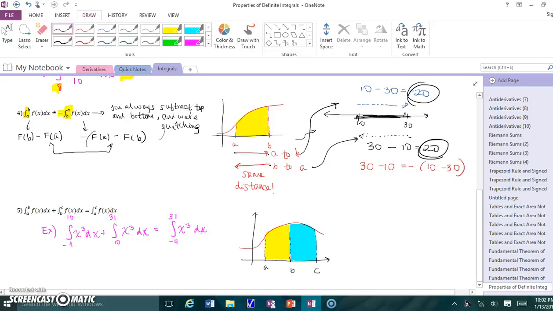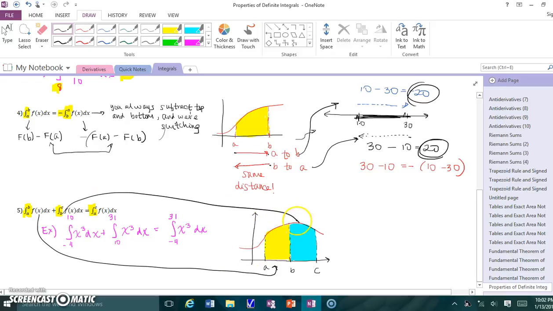And the last one right here, this visual will help it make more sense. If I have an integral from a to b of some function f, and then I have the same exact function and I go from b to c, I could just go from a to c. So look at this picture to help. This first one is from a to b.